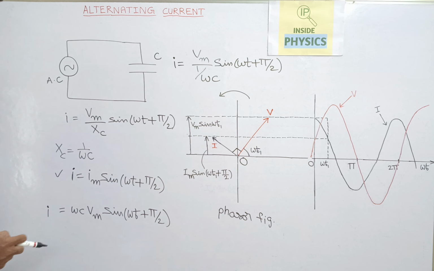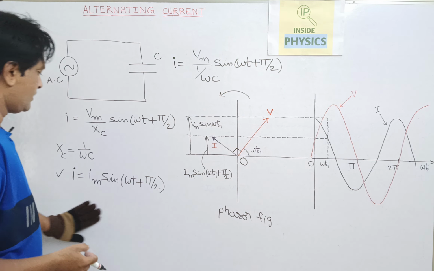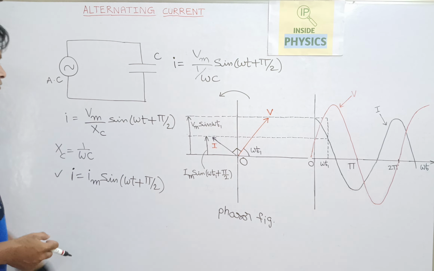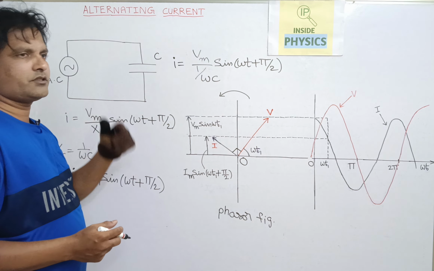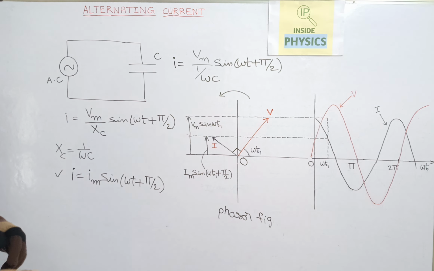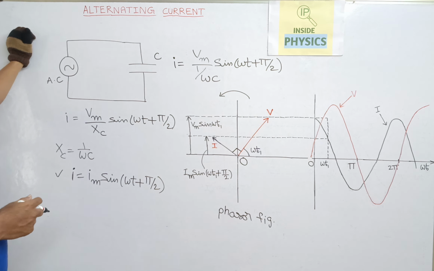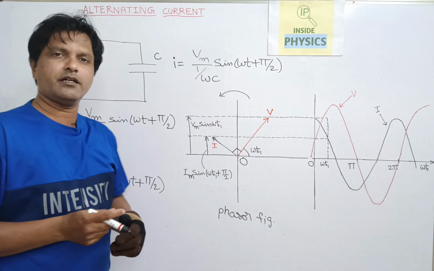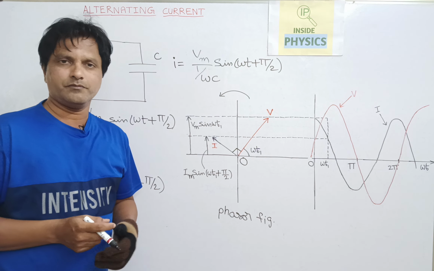Here we are all interested to know how power is consumed in a capacitor when it is supplied with an AC current. In the inductive circuit, we calculated the power and it finally came out as 0.